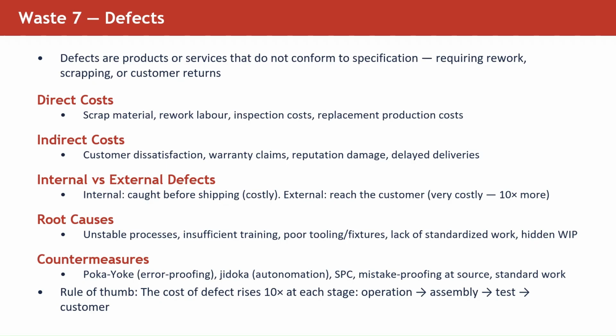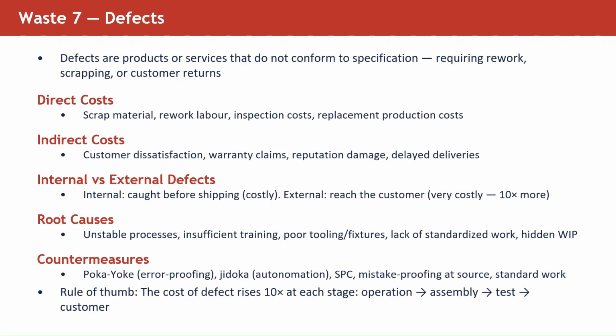Okay. Now, if the tapered section goes into the normal section, then it won't assemble. So this is a kind of error proofing that can be done. That is a very simple example, but there can be multiple things that can be done to avoid the errors. Okay.